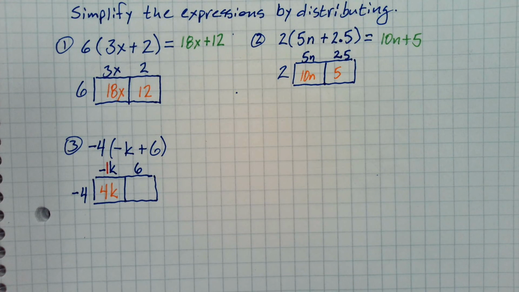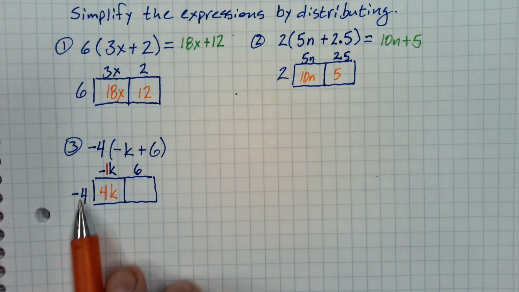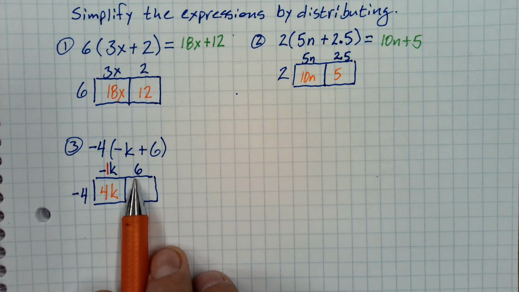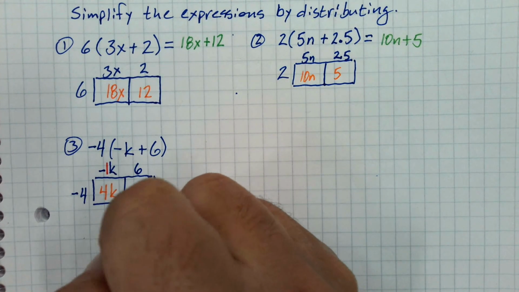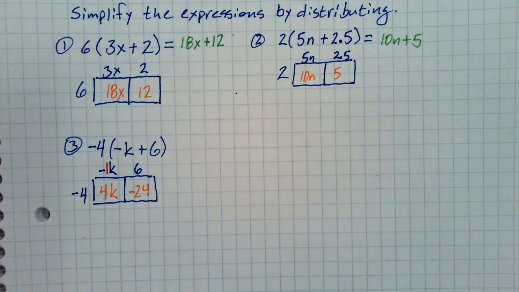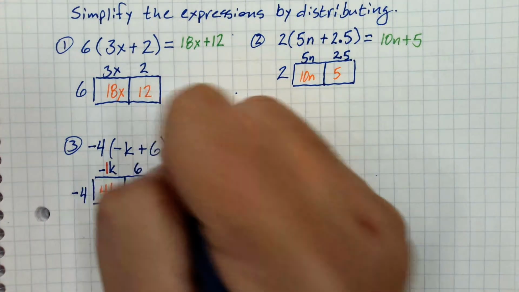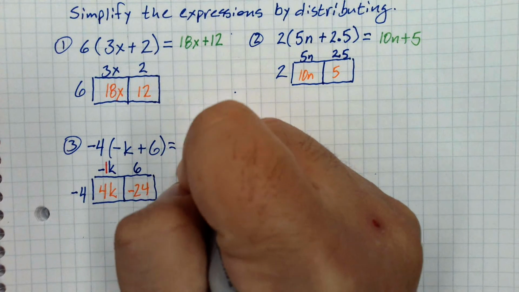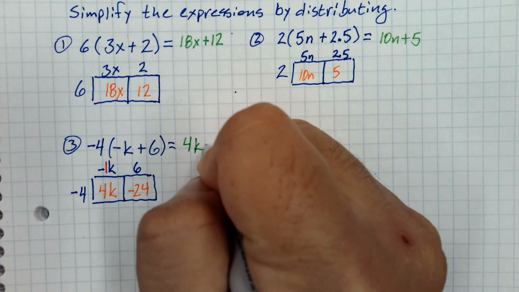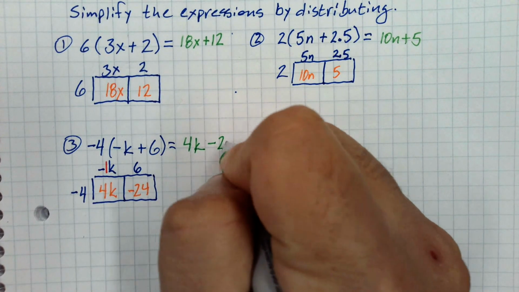Positive times positive is positive. Negative times negative is positive. How about a negative 4 times a positive 6? Negative 24. So we got 4k and negative 24. So when we go to write our answer, it's going to be 4k minus 24.